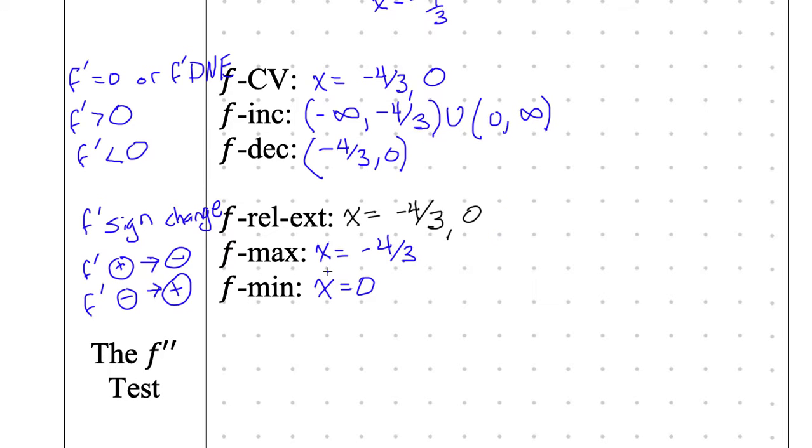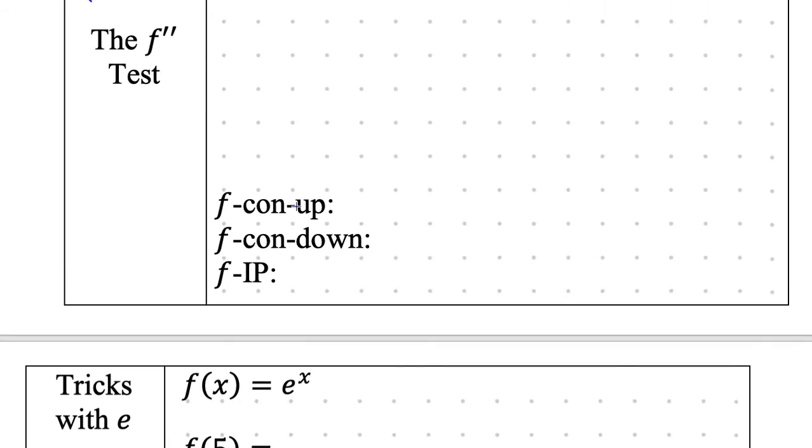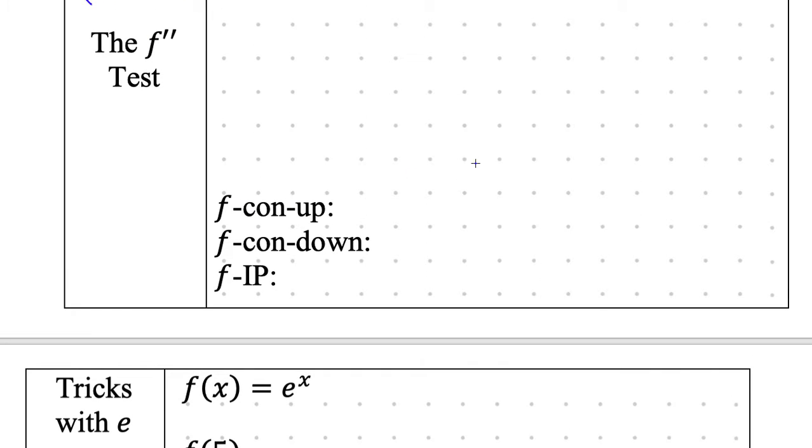All right, now we're doing the second derivative test. You already know these definitions, so let's list them out. Where is f, the function, concave up? What is the definition? Greater than 0. Where is f concave down? When f double prime is less than 0.